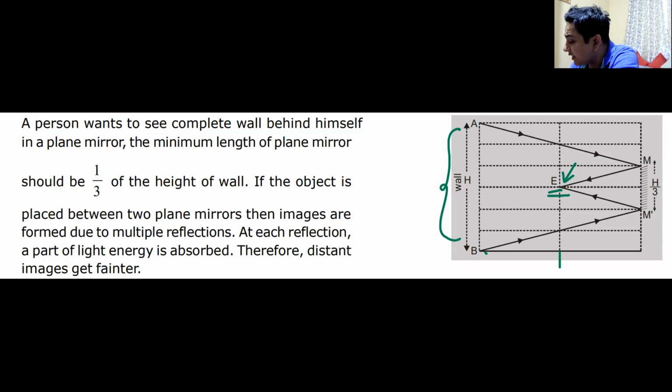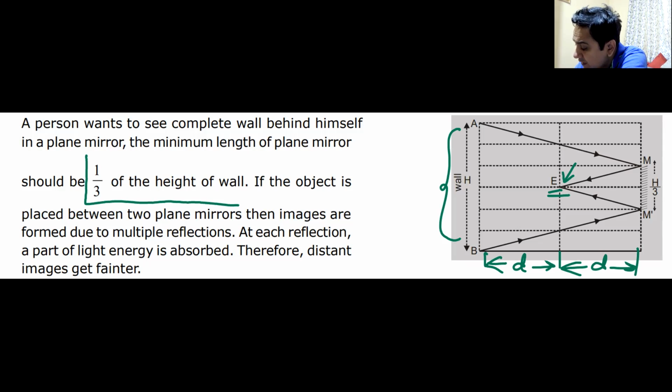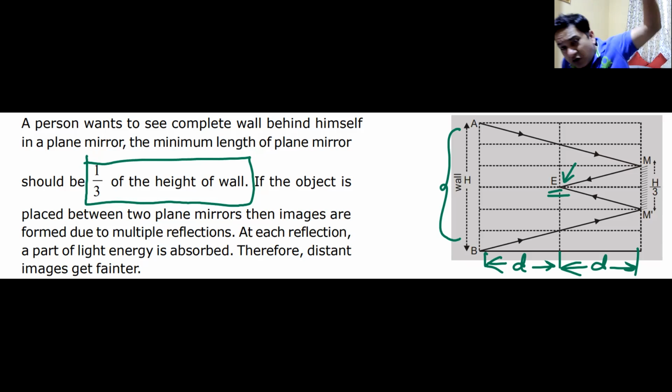Remember, he is standing midway between the two, so this distance and this distance D are the same. In that case, how much height of the mirror does he need? Remember, the height of the mirror he needs to see a wall that is behind him is 1/3 the height of the wall.